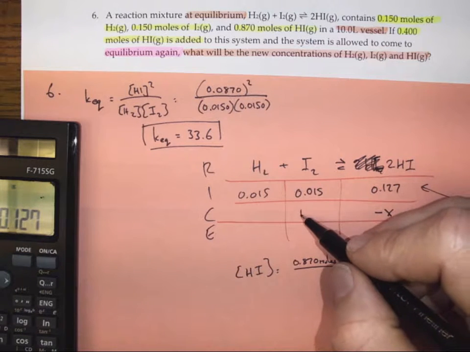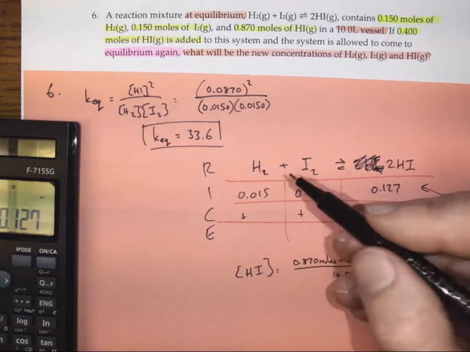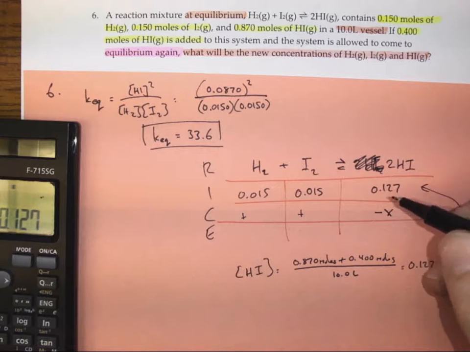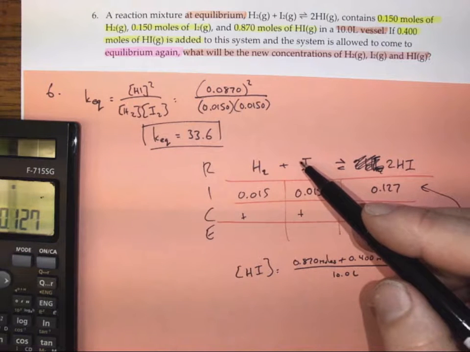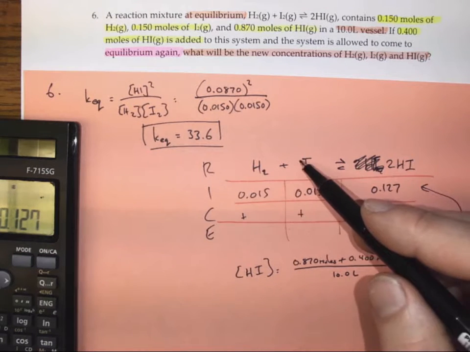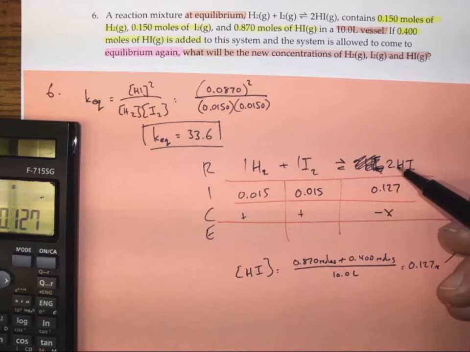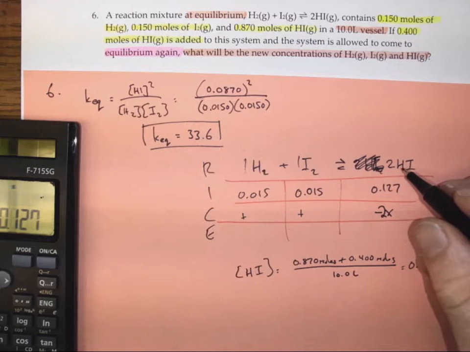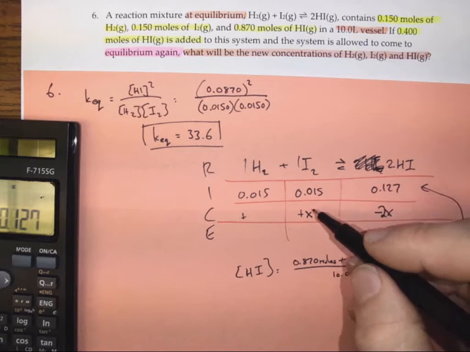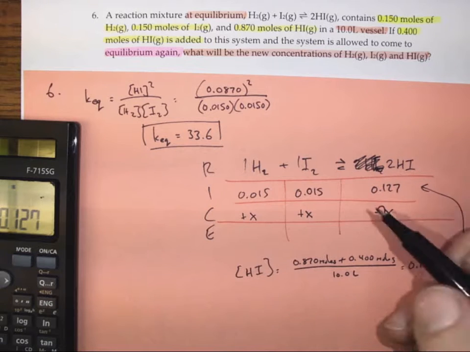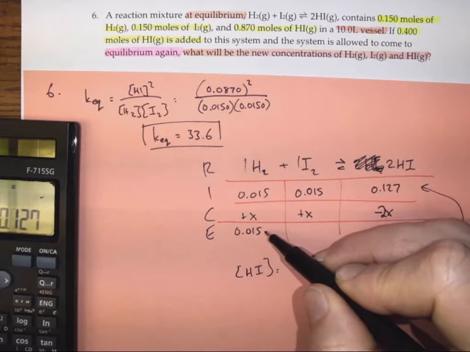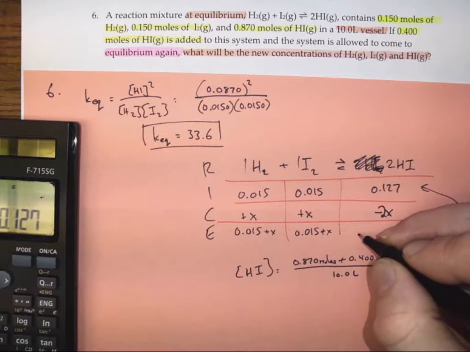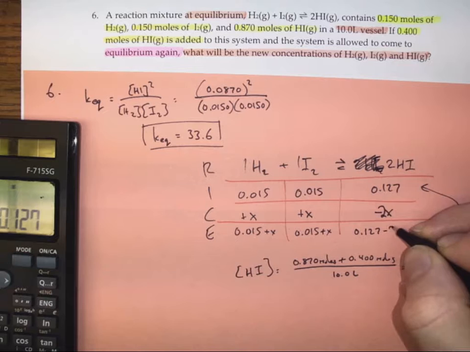And because of my molar ratio of 1 to 1 to 2, I'm going to lose 2 parts of hydrogen iodide, and I'm going to add 1 part iodine and 1 part hydrogen. So it gives me 0.015 plus x, 0.015 plus x, and 0.127 take away 2x.